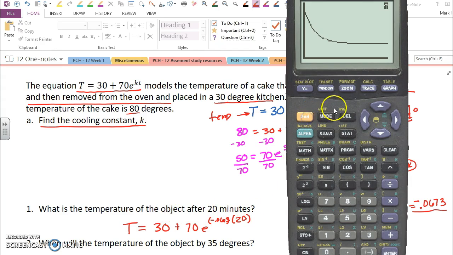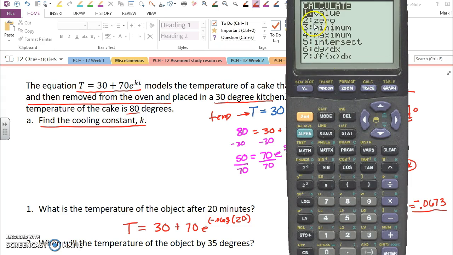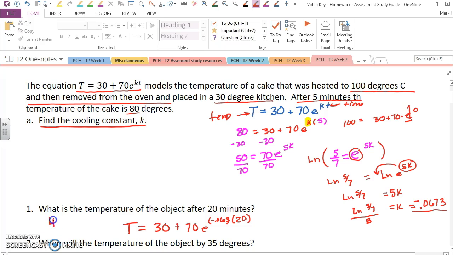Well, if I go second, trace, I can calculate a value. And the value I want is at 20 minutes, because that's the independent variable t, or x. So 48.219 is my temperature. 48.219 degrees C.